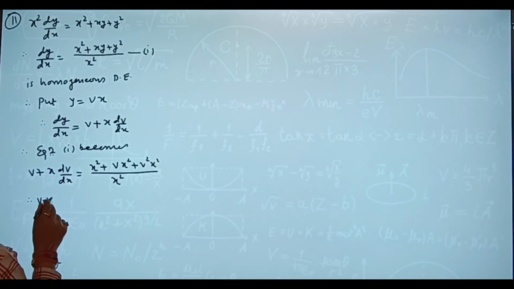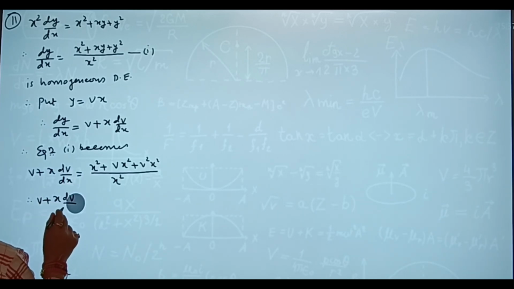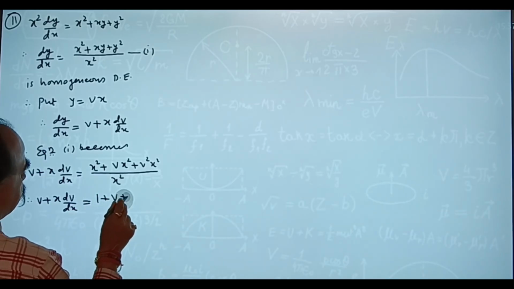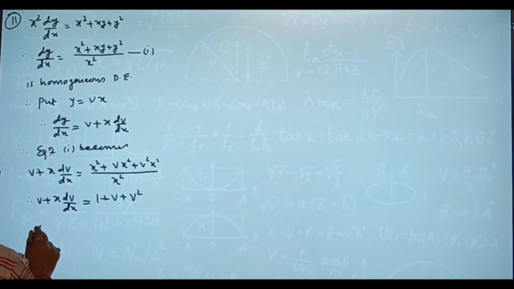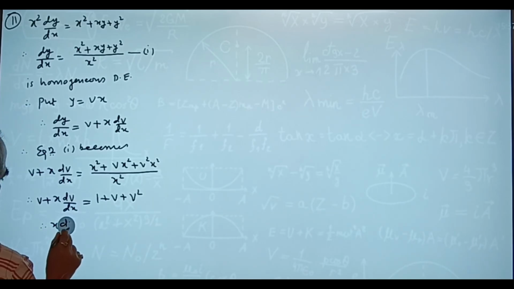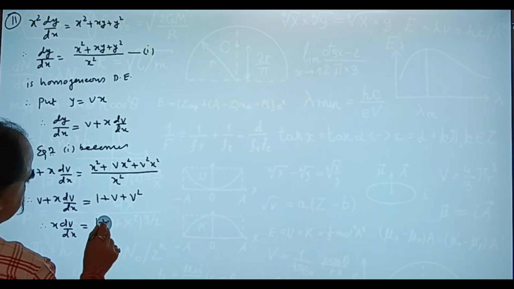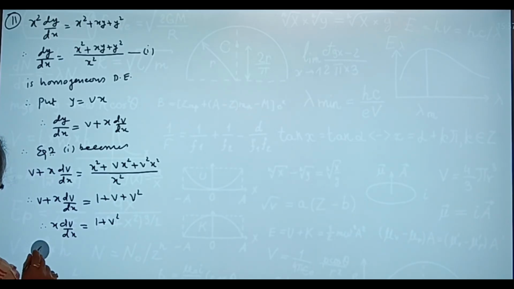So v plus x dv by dx is 1 plus v plus v square. v will get cancelled. So x dv by dx is 1 plus v square.